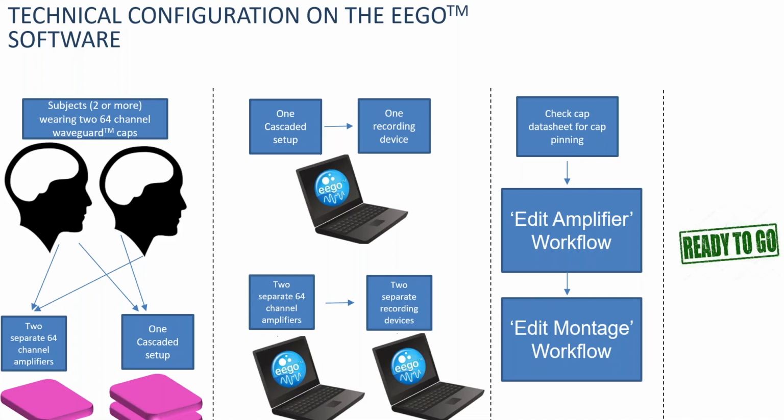You just need a first name and a last name, which could also be identifiers. And you need to start with the acquire workflow, or the acquisition workflow, and you would be able to record data from both subjects into either one data set or separate data sets. This is how you would do it on eego, more or less. And so as you can see, it's pretty easy done. It does not come with added complexity.